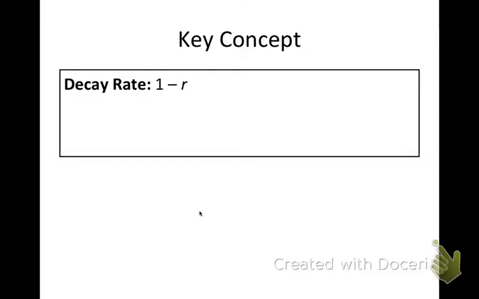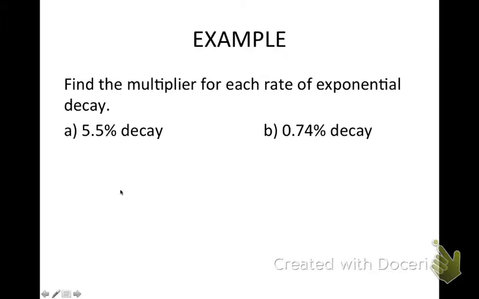So when we are talking about things losing value or decaying, they find that multiplier, otherwise known as the decay rate. You're going to do 1 minus your rate. Same equation, except this is decay. So it's going to be a number less than 1 because you're losing value, right? If we had the same percentages, but I changed it to decay, what would be the multipliers?